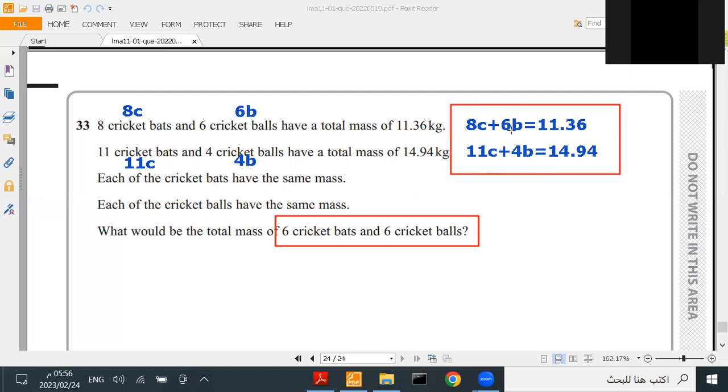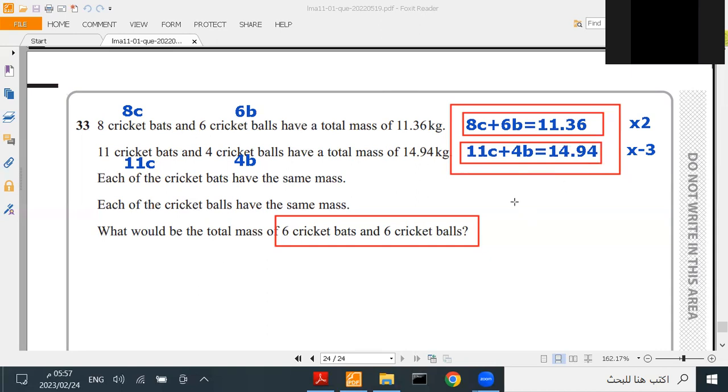By multiplying this by 2 and this by 3. I'll multiply the whole equation here by 2, so this becomes 12. And here I'll multiply by negative 3. Why negative 3? With a different sign, same value but different sign. So this becomes negative 12. One stays positive 12 and the other stays negative 12.